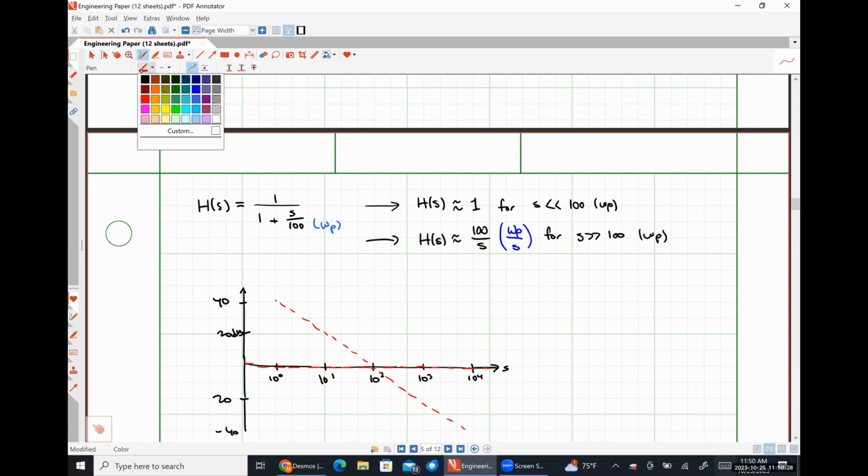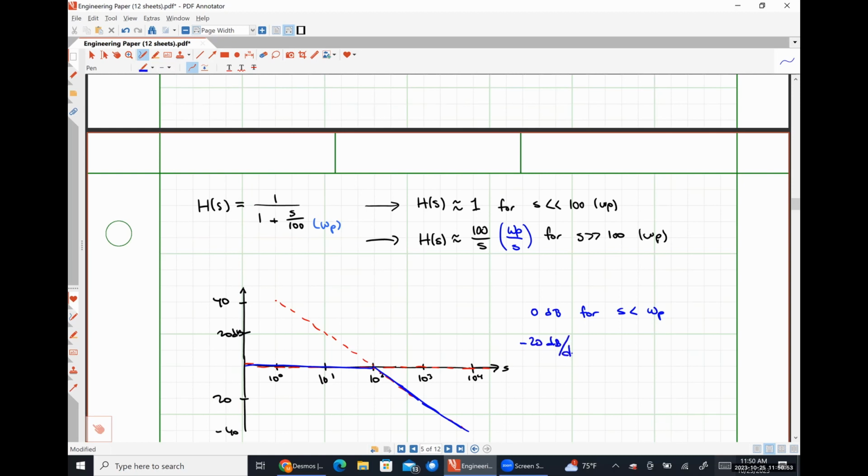And then putting this together, we have this. So all that has happened is our response looks like 0 dB for s less than our pole frequency. And then we have a slope of negative 20 decibels per decade for s greater than whatever our pole frequency is.